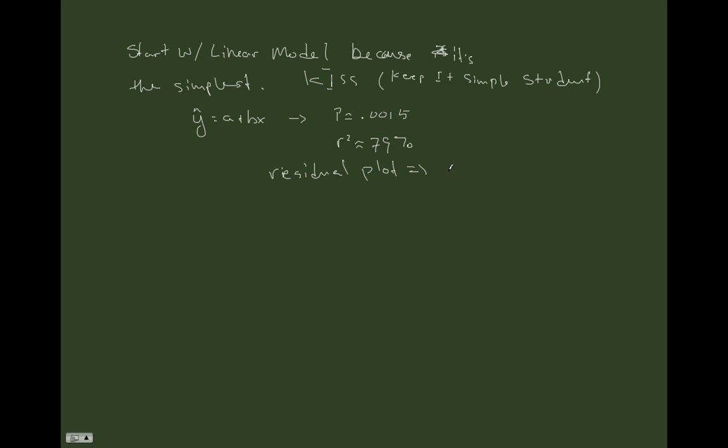It told us a nonlinear model might be better. So we started with linear, looked good except for the residual plot. That's the piece of the puzzle for linear that didn't fit.